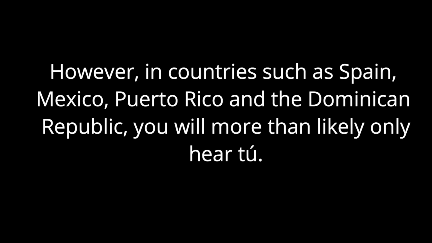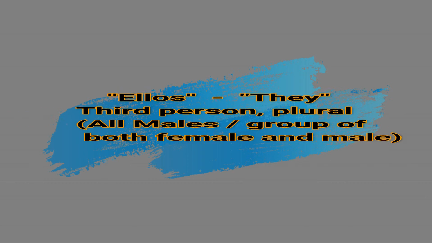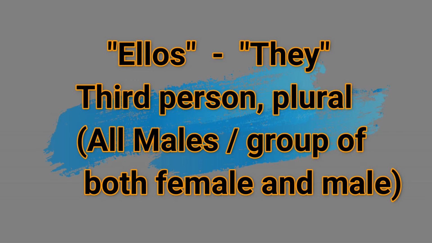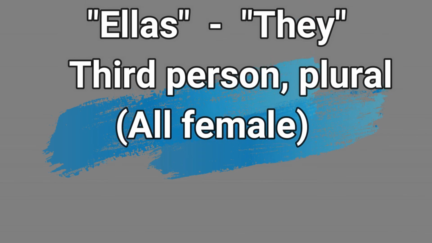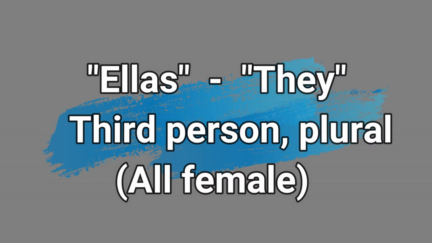So moving on with ellos, they, third person plural. It can be all males, as I've said before, or a group of both female and males. That one is pretty straightforward, so not much explanation there. Ellas, they, third person plural, all female. Same thing I've said before, once it's AS, it's all females, okay?